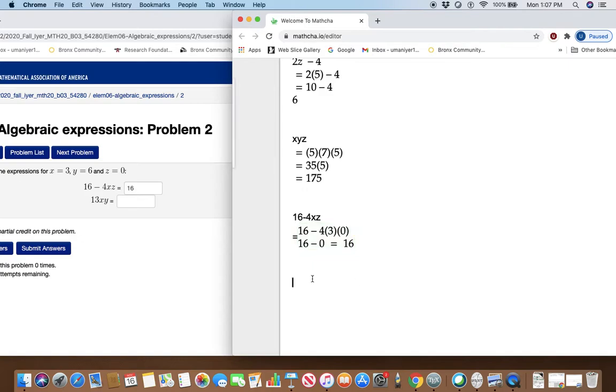Next one tells me 13xy. So that is equal 13xy. Then fill in blanks. X is 3. Y is 6. Alright, so that is 13 times 3, 39 times 6.